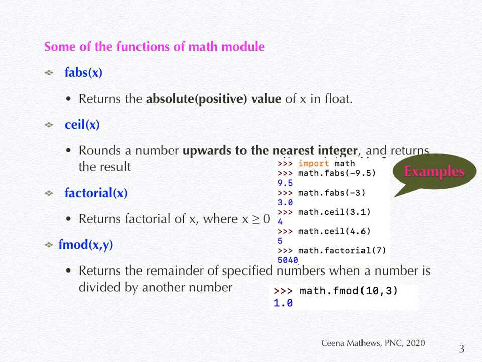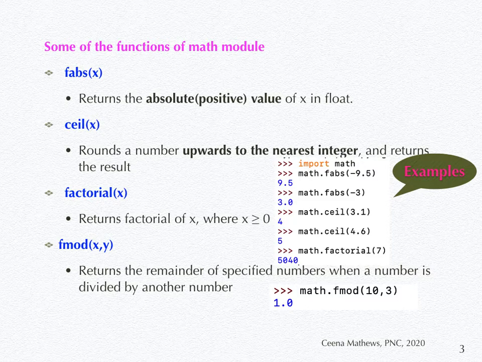I'll be discussing only some of the functions of the math module. The first one is fabs(x), which returns the absolute, meaning positive, value of the given number as a float. In the example, before using fabs, we have to import math and then use the module name, math dot the function name fabs.